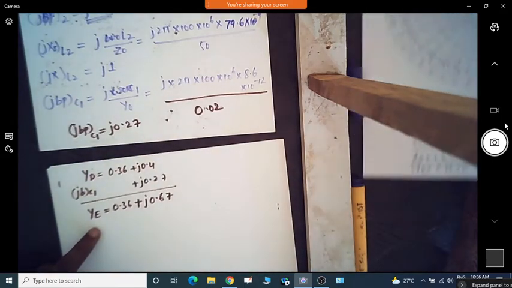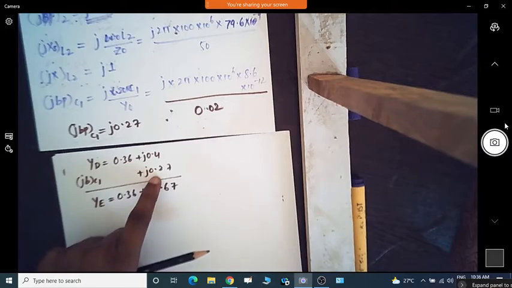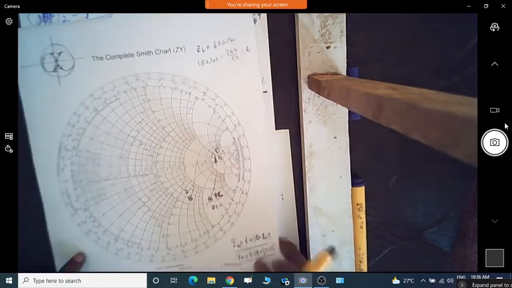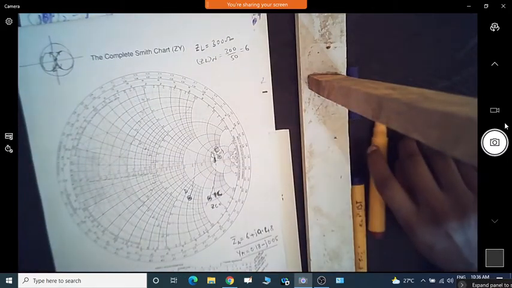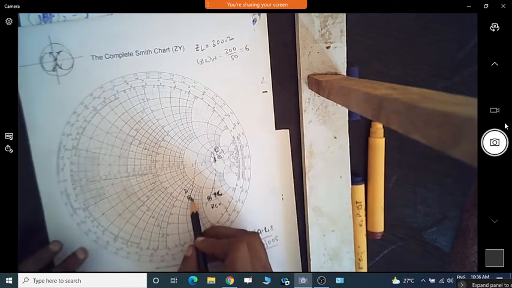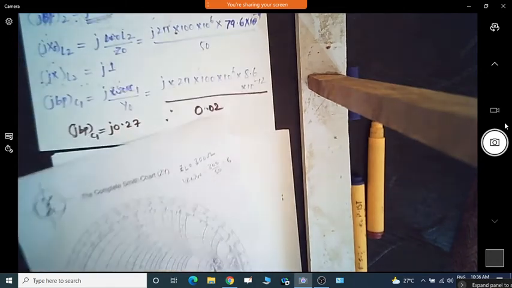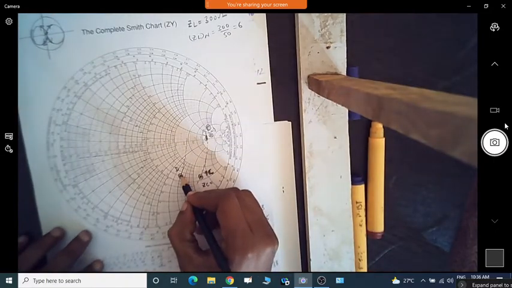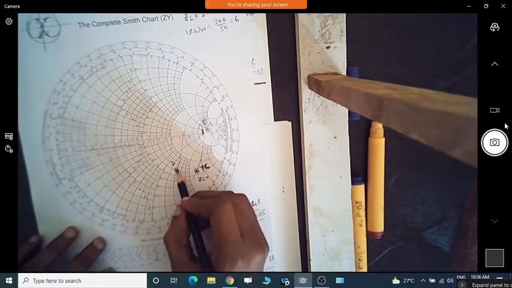Now we need to locate the point E after adding this susceptance. So now we have the value 0.67, and 0.36 is here.